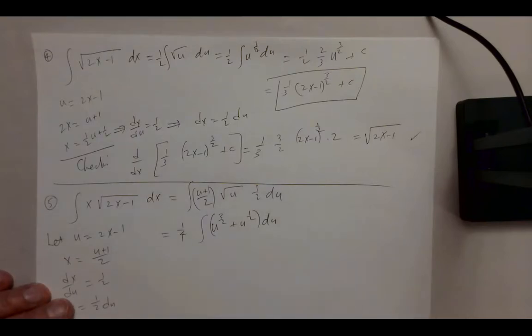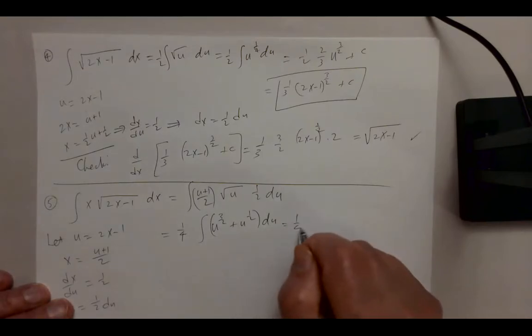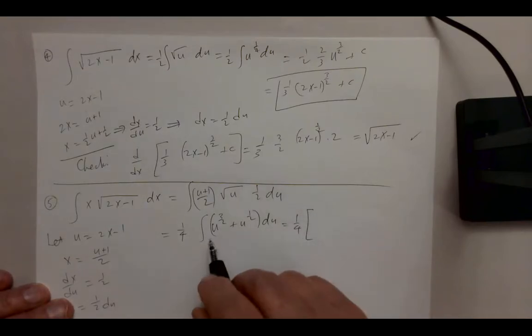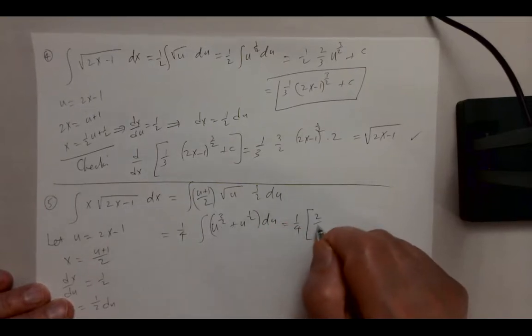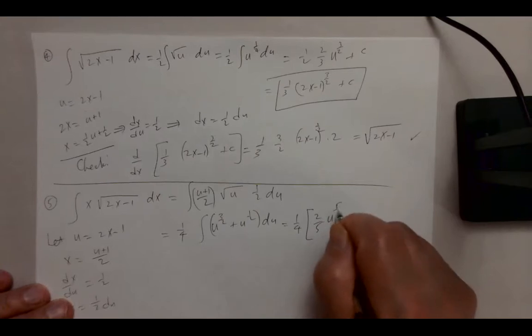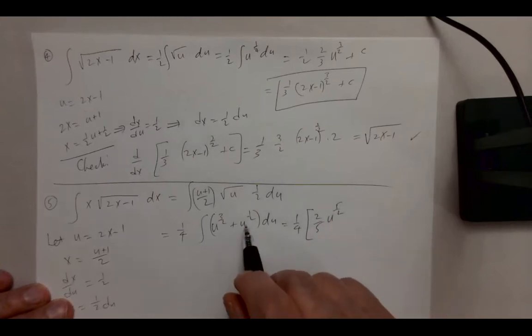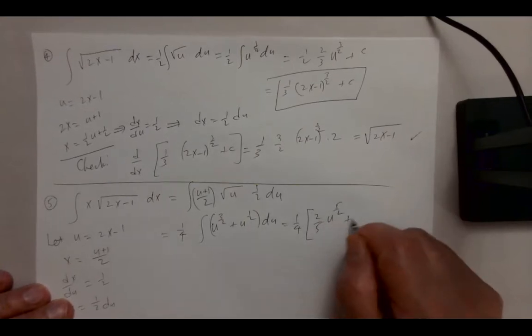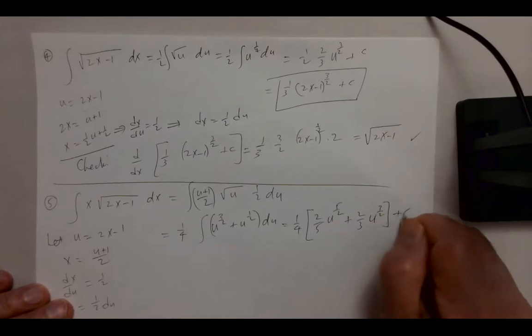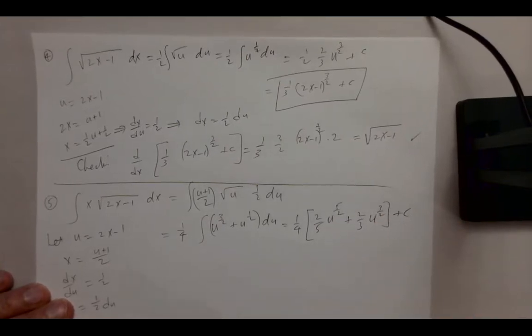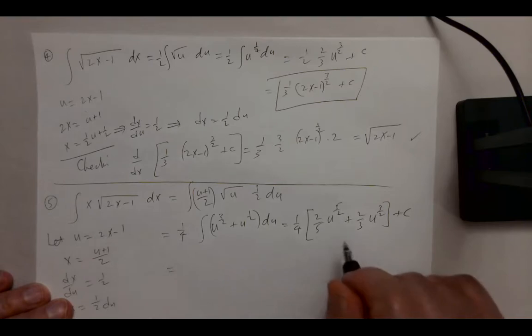Well, this is easy to integrate. This is 1/4 times the integral of u to the 3/2. You add 1 to 3/2, you get 5/2, so that's 2/5 u to the 5/2. You add 1 to a half, you get 3/2, so you get 2/3 u to the 3/2 plus a constant. And then you substitute back.